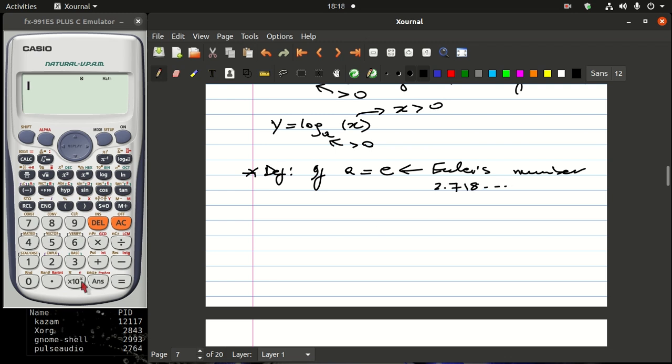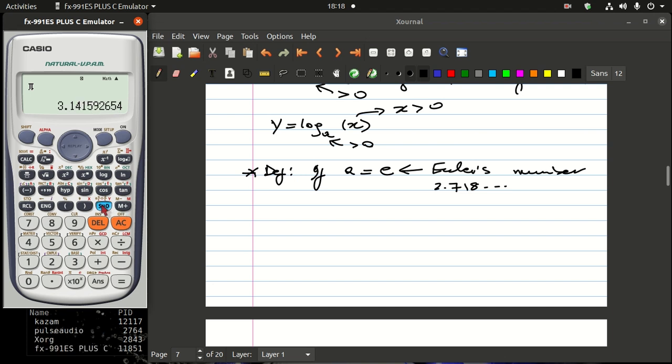In a calculator, if you press alpha and then press there, you end up seeing an e, which is approximately that number there.